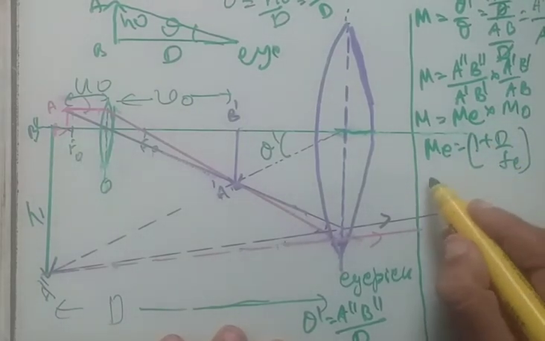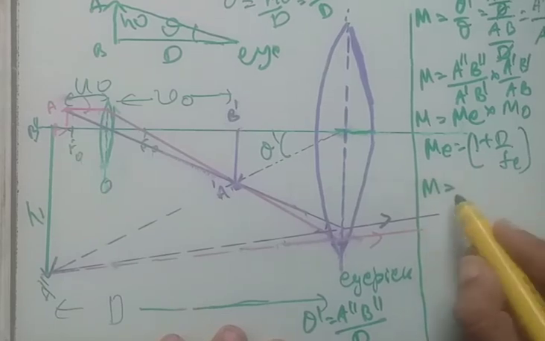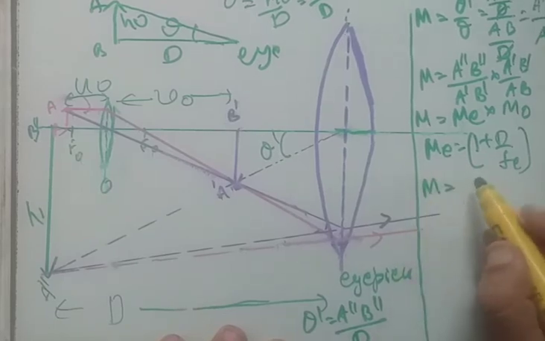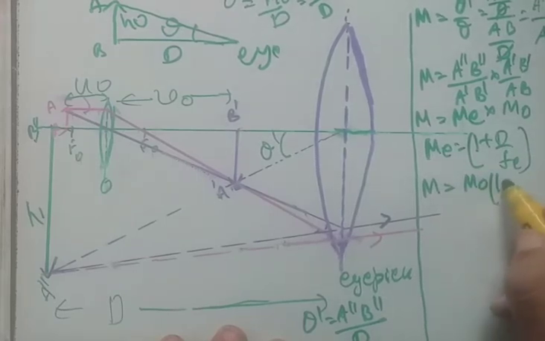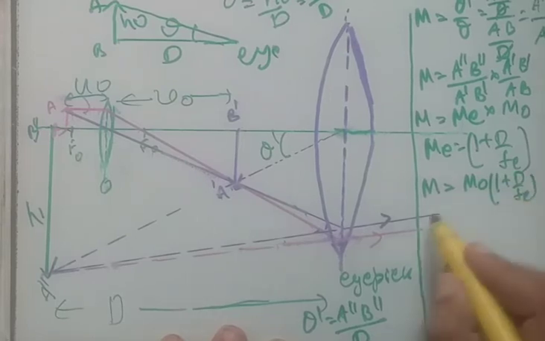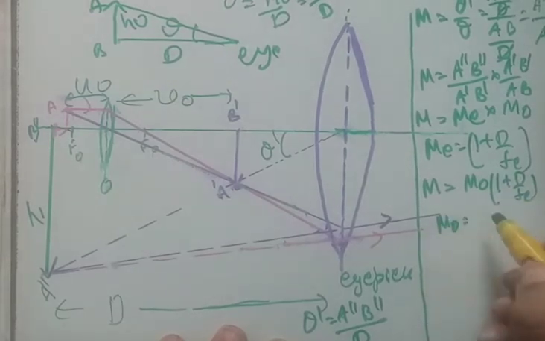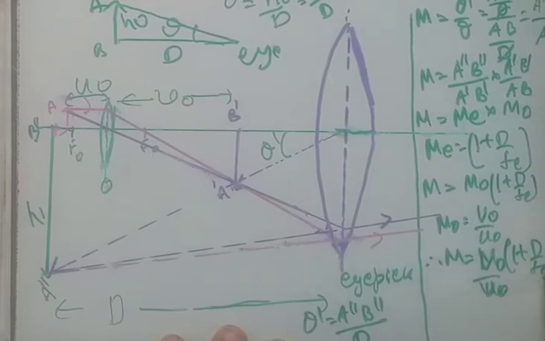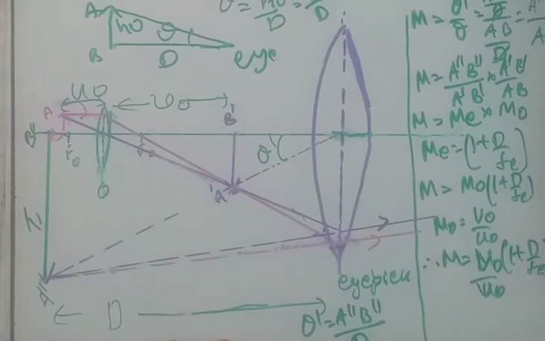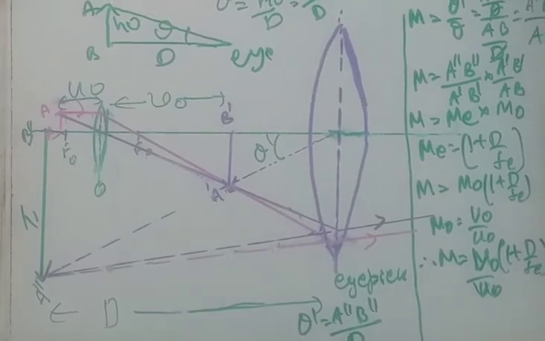So if we substitute these things, the linear magnifying power of the compound microscope is MO into 1 plus D by FE, but MO we can show as VO by UO, therefore M equals VO by UO into 1 plus D by FE. This is the formula for the magnifying power of the microscope.